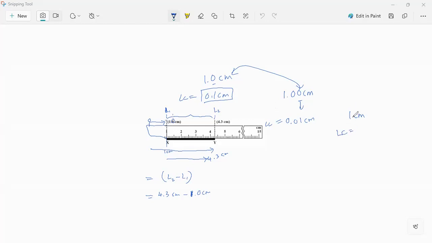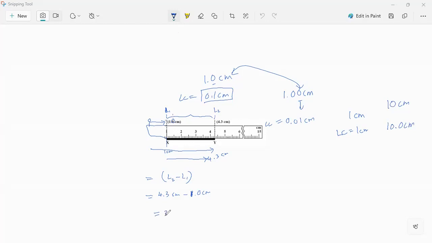So when least count is 1 centimeter, if the reading is let's say 10 centimeters, you just write 10 centimeters. If the least count is 0.1 centimeters, it's 10.0 centimeters. So by just taking the reading, you can identify what kind of least count it has.